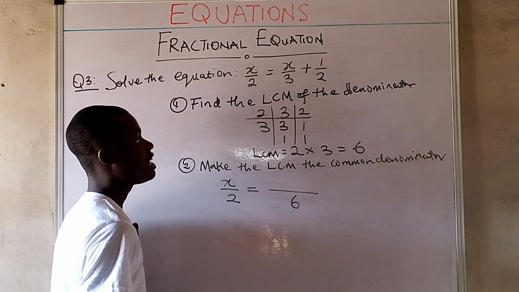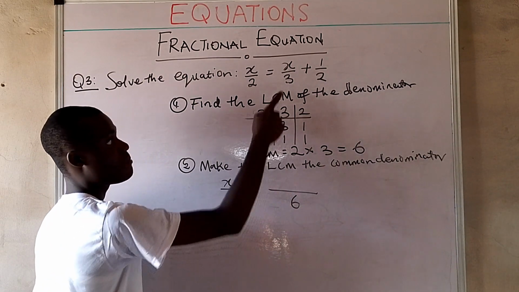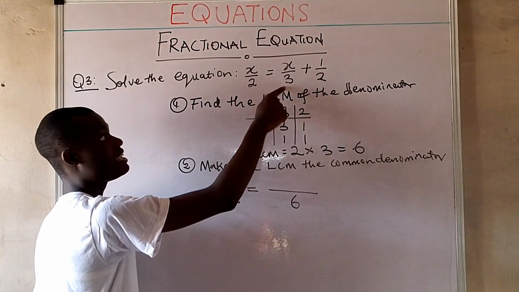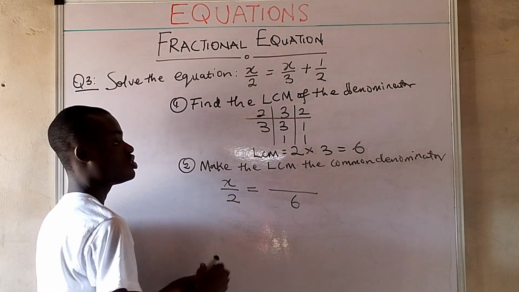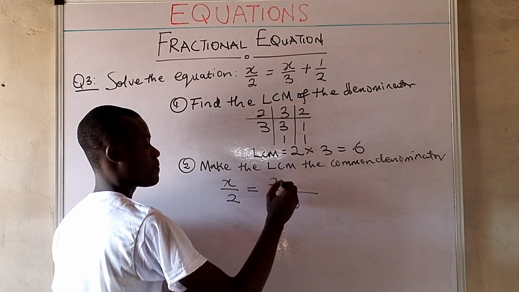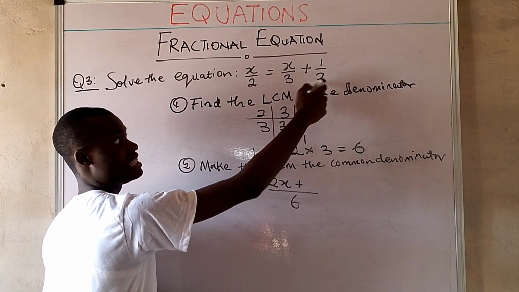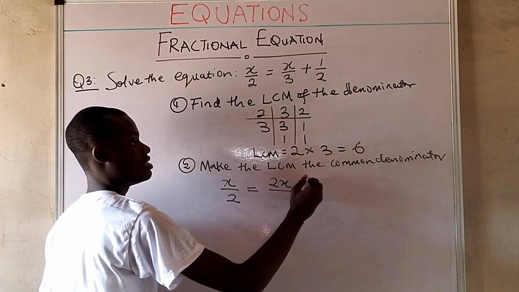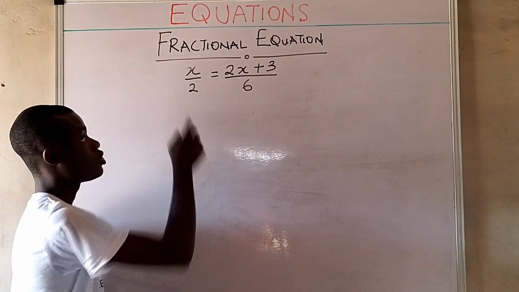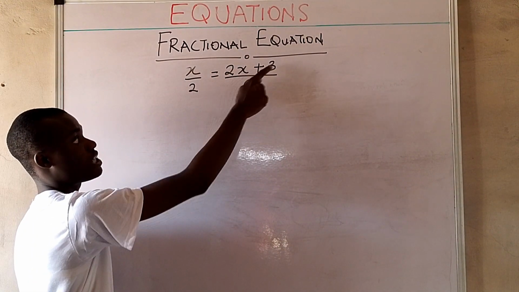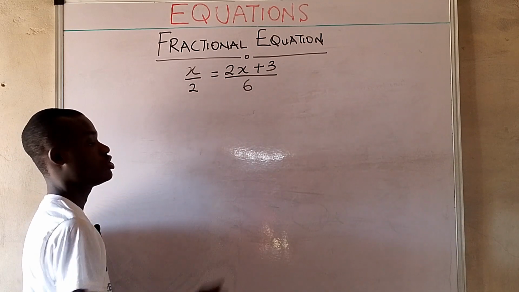Next, we say 6 divided by 3, that is 2. Then 2 times the numerator, which is 2x, plus 6 divided by 2 is 3, 3 times the numerator, which is 3. So we now have x over 2 is equal to 2x plus 3 over 6. We now have a single denominator.